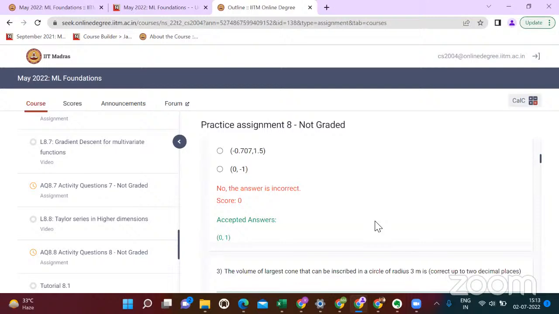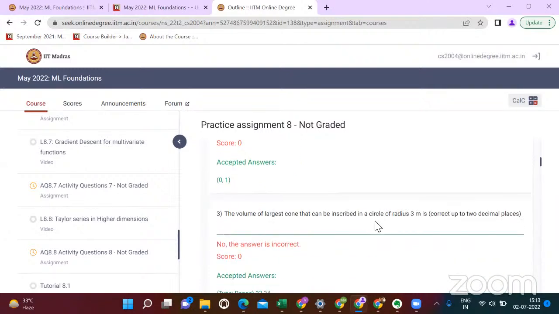The 8th week was to solve the optimization problem without any constraint. We are getting the radius as root of 9 minus x square. How are we getting that? I'm not able to understand.